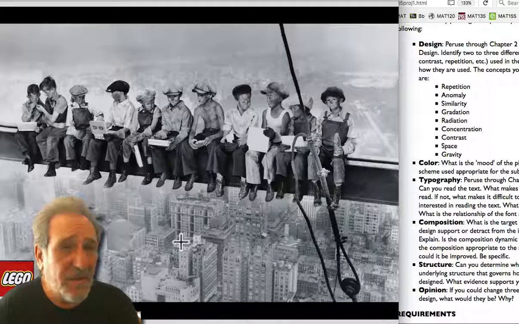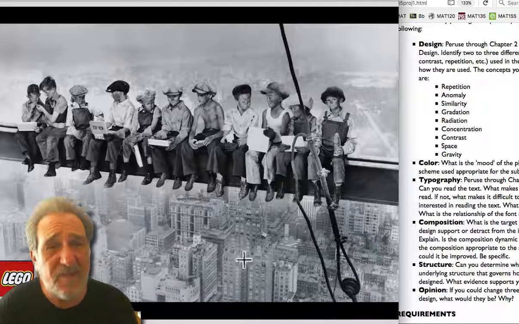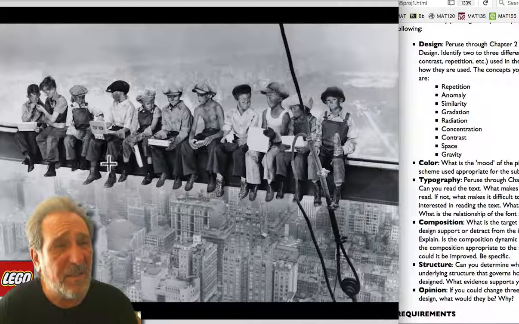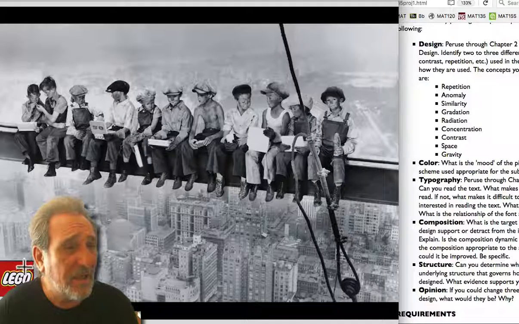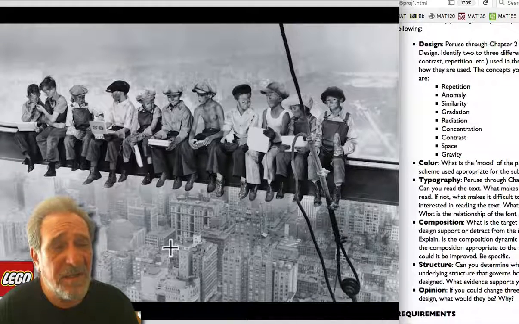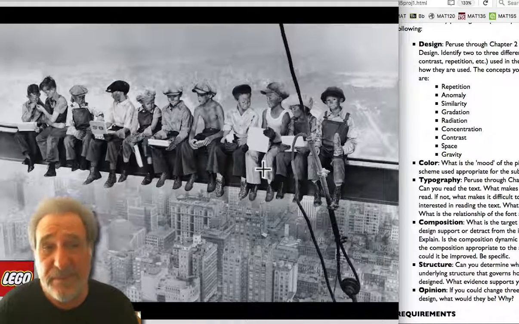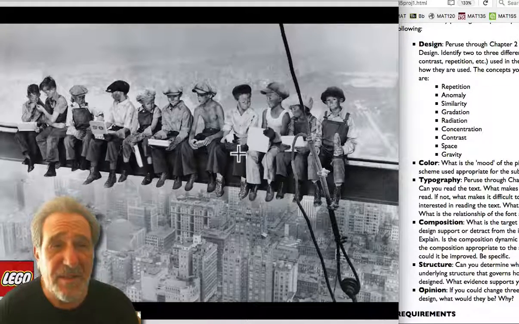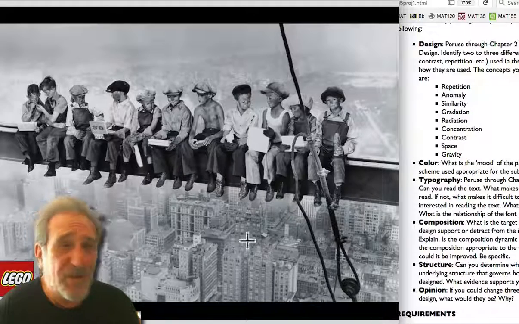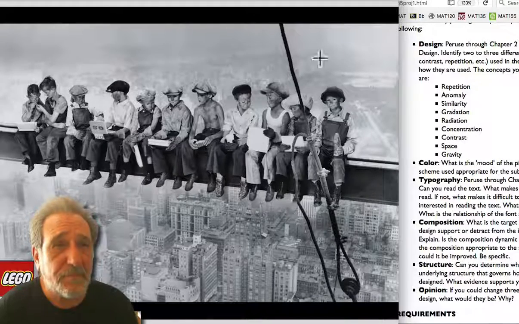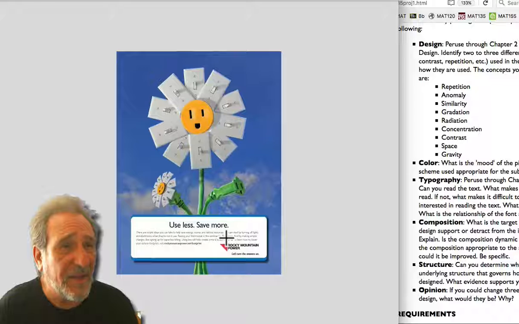The black and white emphasizes the datedness of the imagery and helps to emphasize the red of the logo. No typography. Composition's dynamic. No structure. So those are some of the things that stand out on that one.